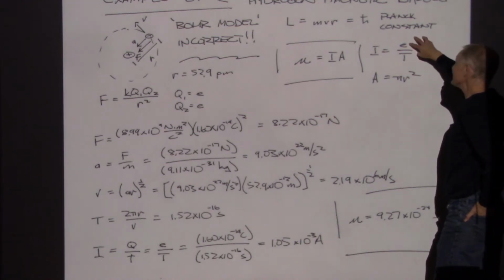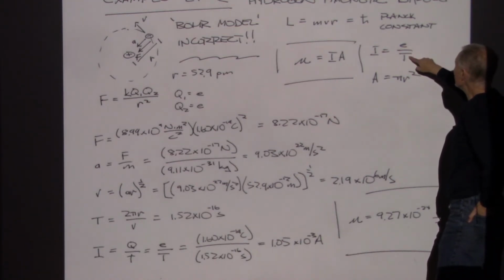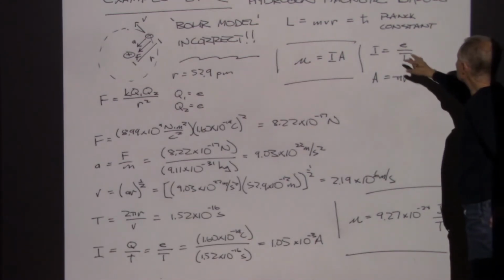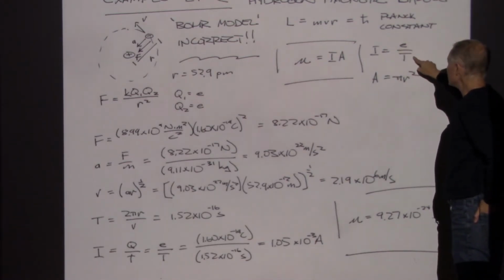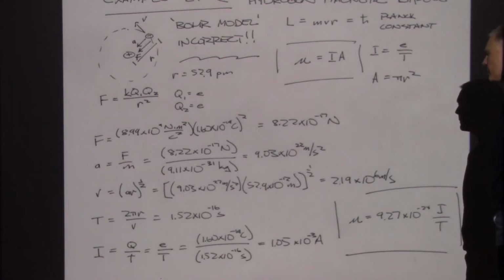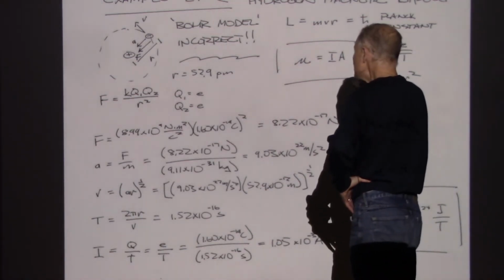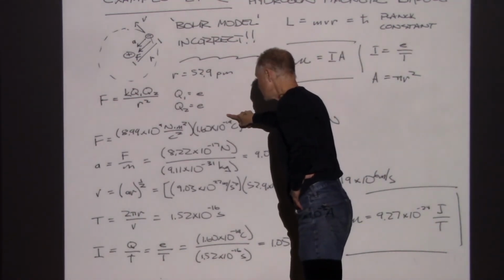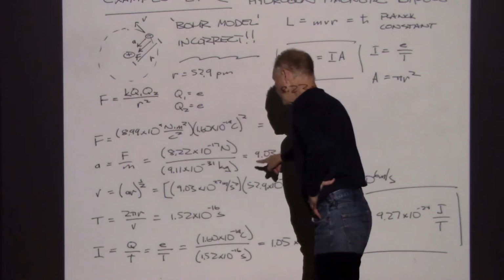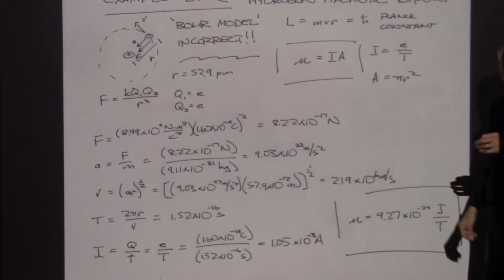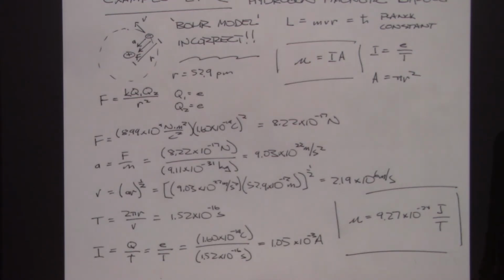The charge on the electron is e, and the amount of time it takes to go around once is its period. So I can calculate I by taking e over T. E is like 10 to the minus 19, and this is 10 to the minus 16. So the current of the electron is like a milliamp. Okay, so it's not an enormous number in terms of amps, but still, it's just one little tiny electron.